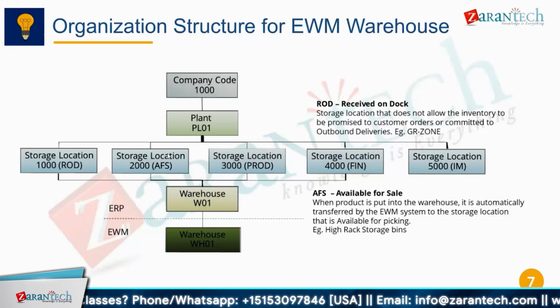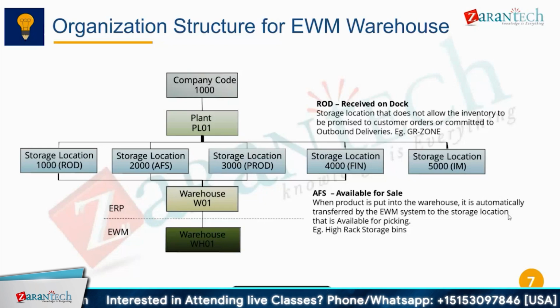When that material moves from the GR zone or the staging area to that specific bin, then we make it available for sale. What do we mean by available for sale? That now the customers or their dealers will be able to see the product as available, and if they want to order this product or material, they would be able to do that.